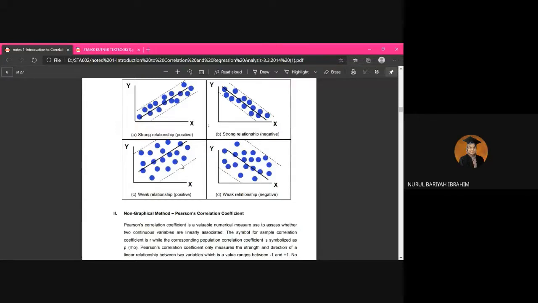Some people see that the scatter diagram is moderate, not weak, but some people say that there is a moderate relationship. So by naked eye it is not suitable for checking the strength of the relationship. So it is more suitable to use the Pearson correlation coefficient, which is the value of R, if you can remember.